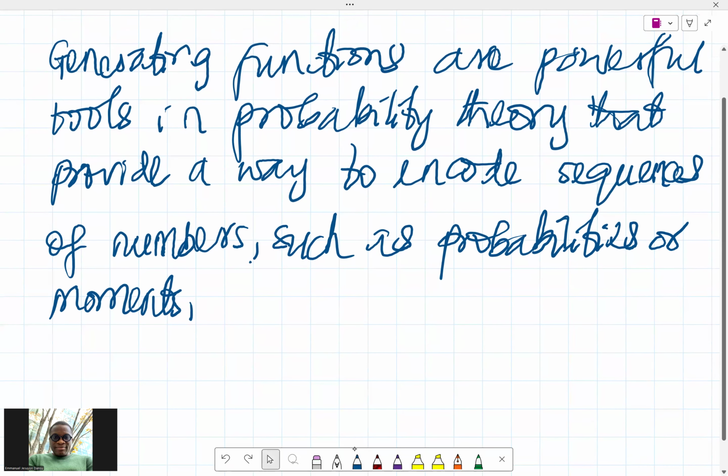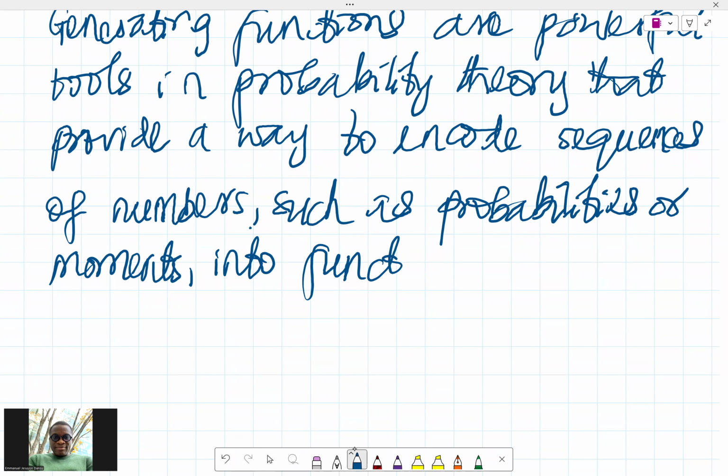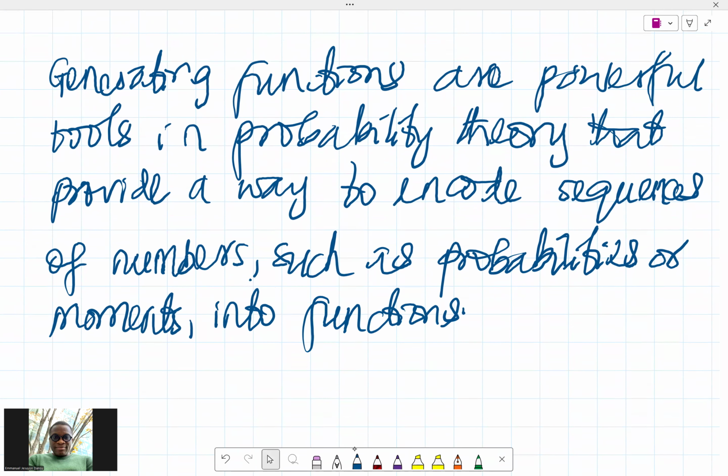So they provide a way to encode sequences of numbers such as probabilities or moments into functions. Okay.